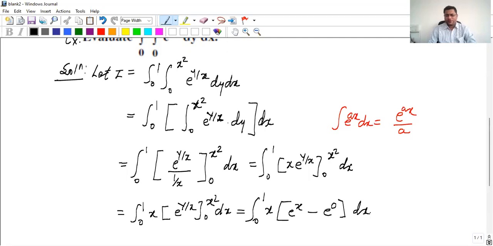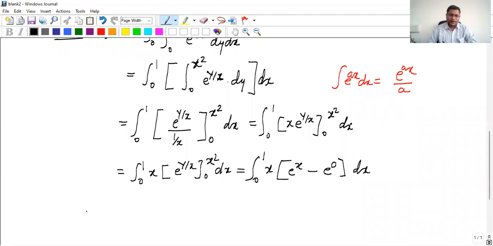So we have to be careful. Okay. Now, let us apply these limits. So here, what we have is 0 to 1, x, and here we have e raised to x minus 1. Okay. So that's what we are able to get.